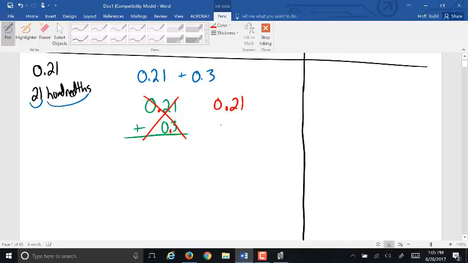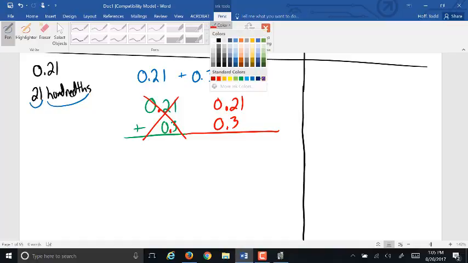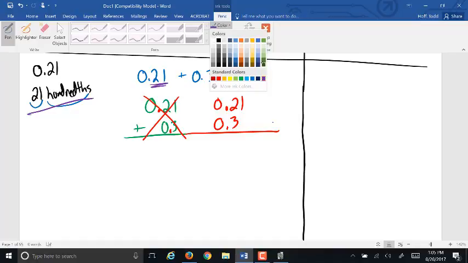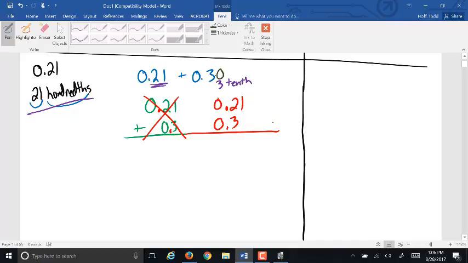We were taught that you have to line up the decimal points. The reason for that is exactly what you said, the common name. This is 21 hundredths. This is 3/10. They don't have the same name. Now, fortunately, with decimals, it's very simple. I just put a 0 there, and now that's 30 hundredths. With that 0 there, the decimal points would automatically line up.